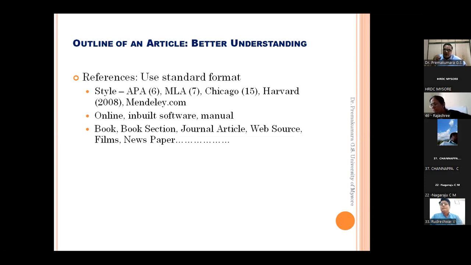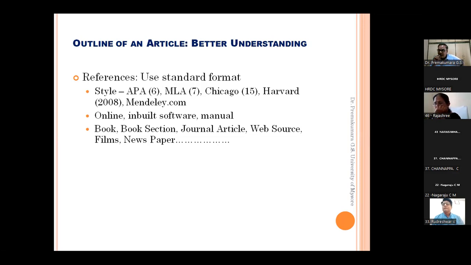Each journal expects the reference to be in a particular way. For example, EPW expects its own style, and the majority of the refereed journals, if you are writing articles in social sciences, expect only the APA style.